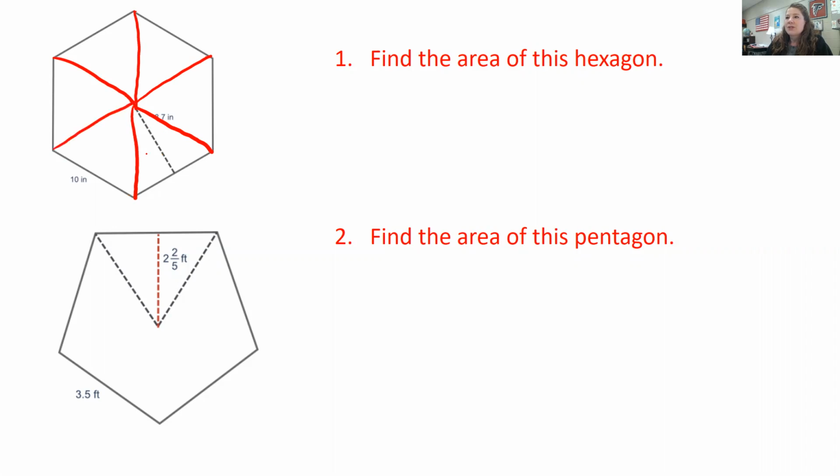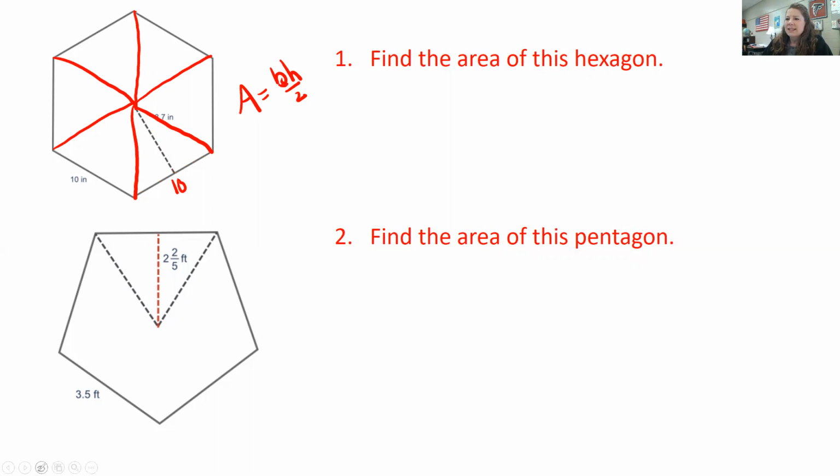All right, so I'm just interested in this triangle. To find the area of a triangle, it's the base times the height divided by 2. Remember, you have to find that 90-degree angle. That's why we have this dotted line to show that the height and the base make that 90-degree angle. So the base of each of our triangles is 10 inches.